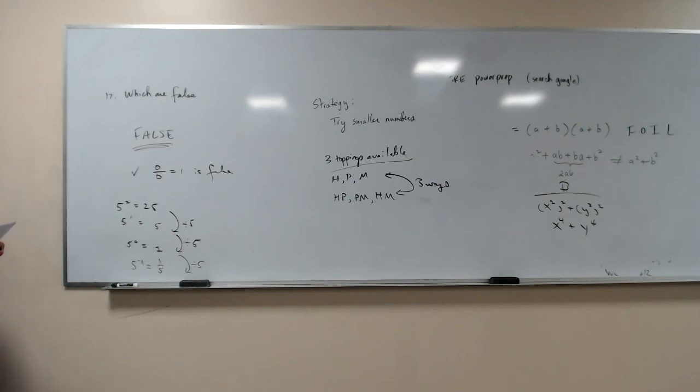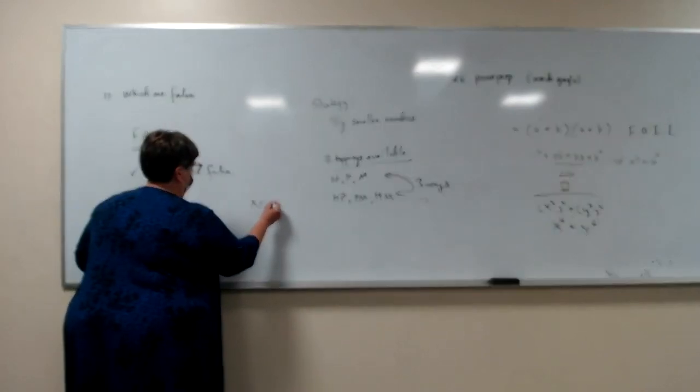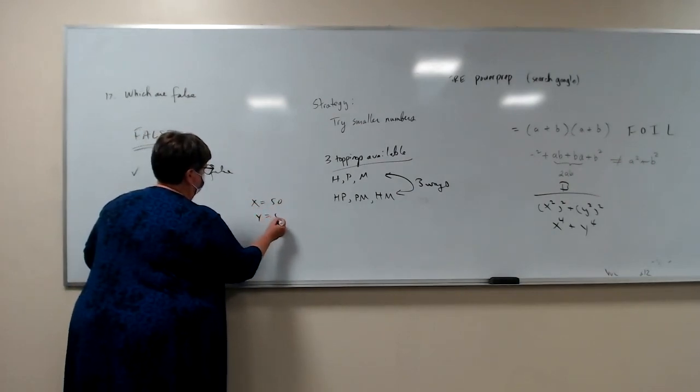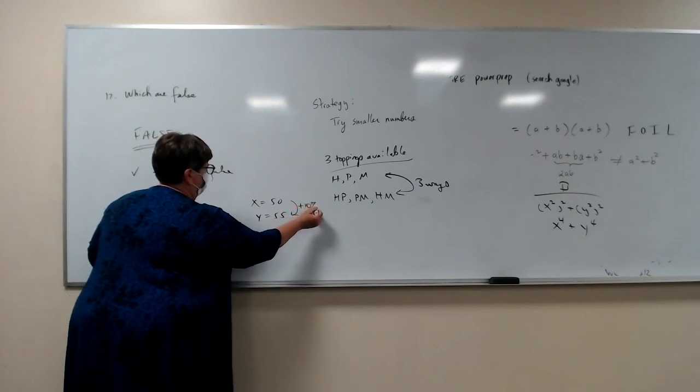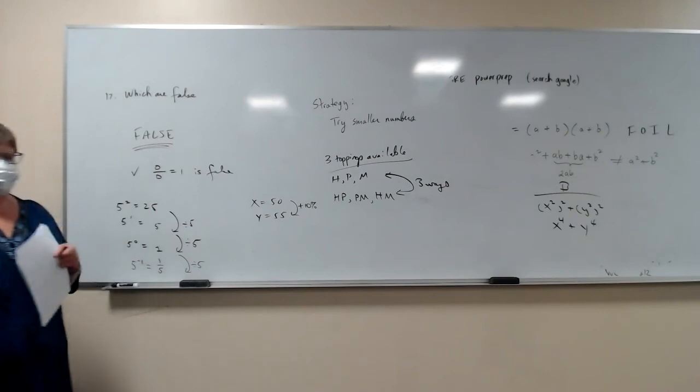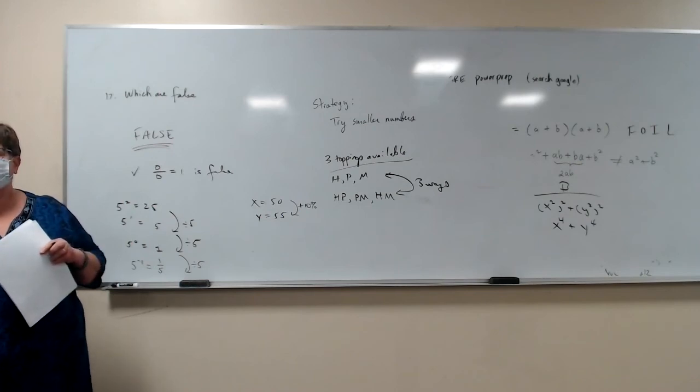Call it 50 and 55. X is 50, y is 55. $55 is 10% more than 50? Yes. If you subtract 10% of 55, does it get you back to 50?